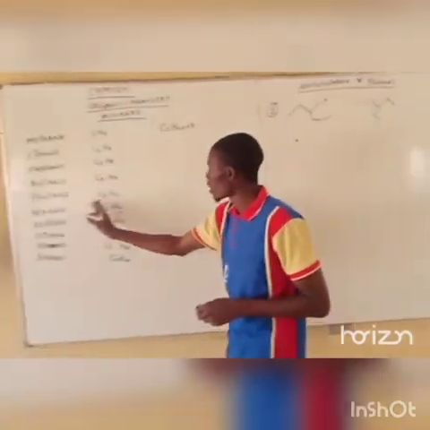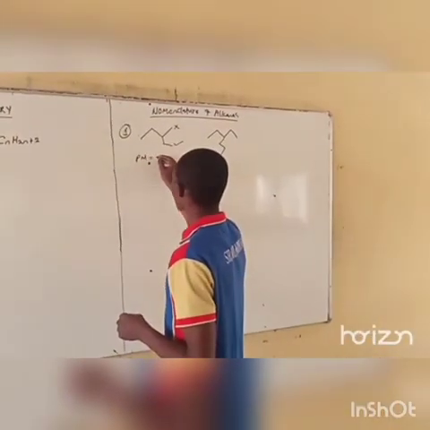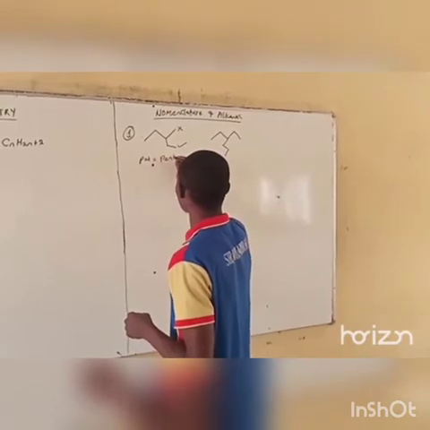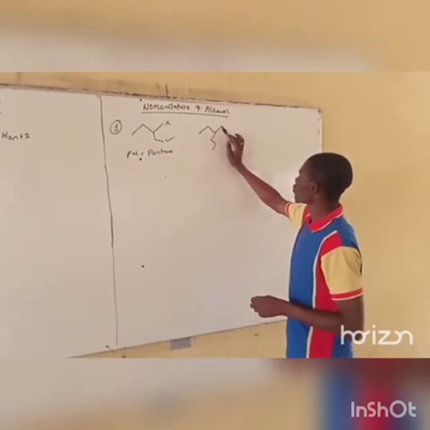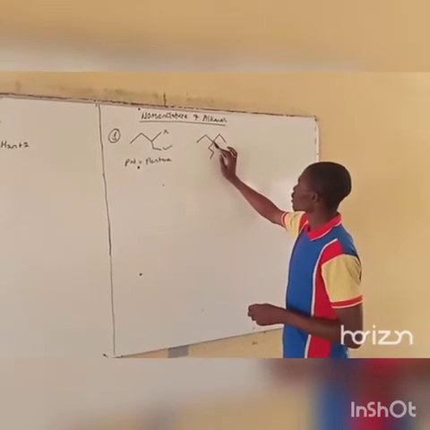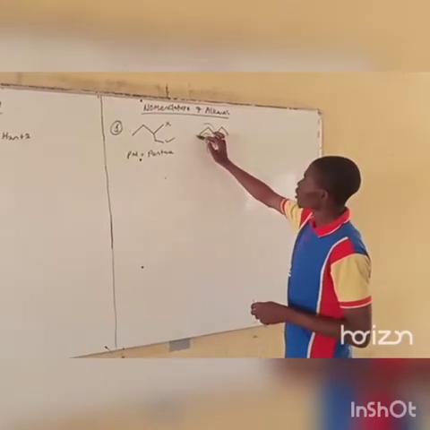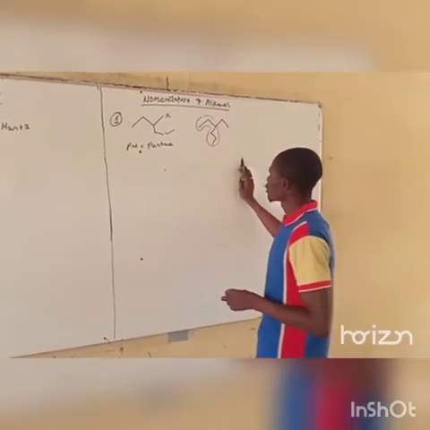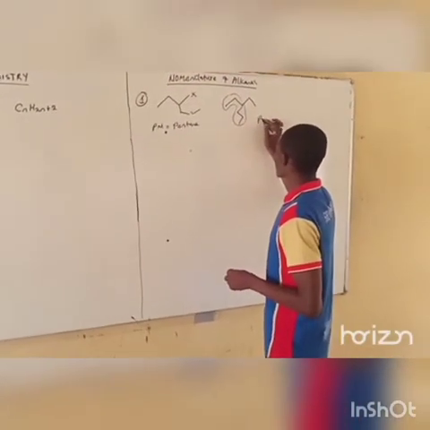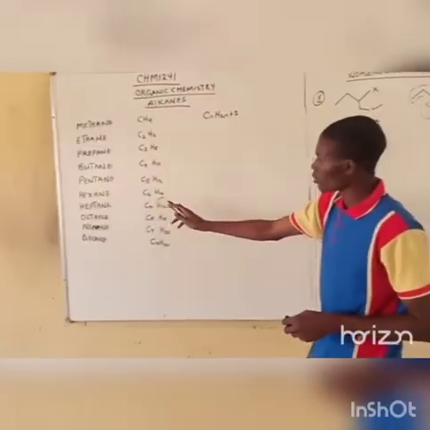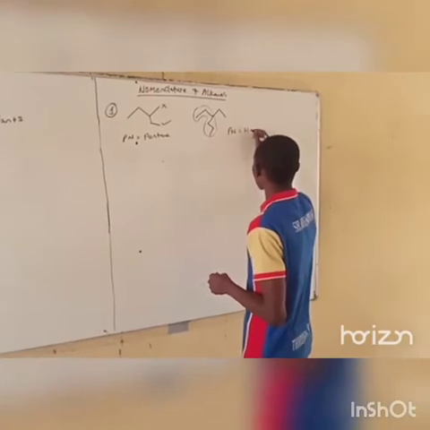What is carbon number 5? Carbon 5 is pentane. So your parent name here is pentane. Now look at this one. 1, 2, 3, 4, 5. 1, 2, 3, 4, 5, 6. So this one is the longest, therefore it gives the parent name. What is carbon number 6? It is hexane. So we record it as parent name is hexane.